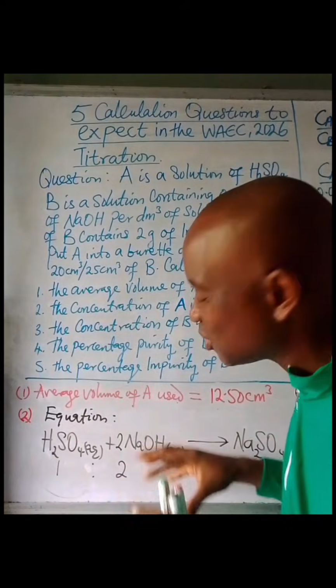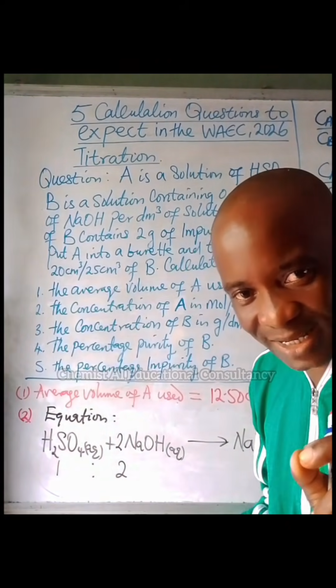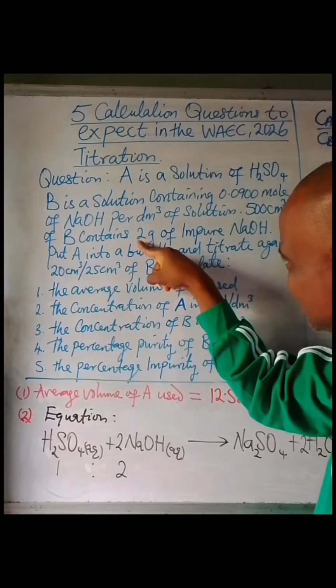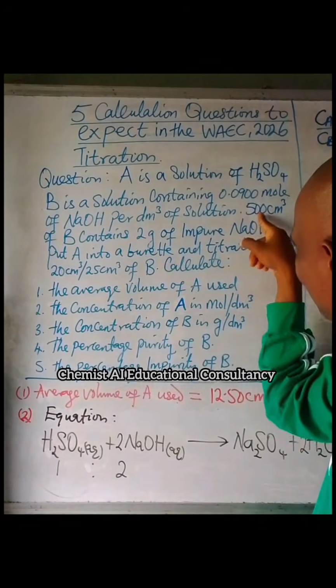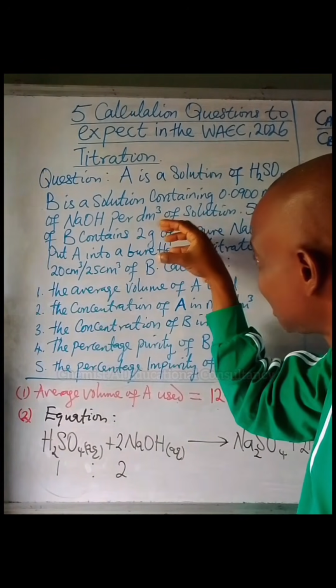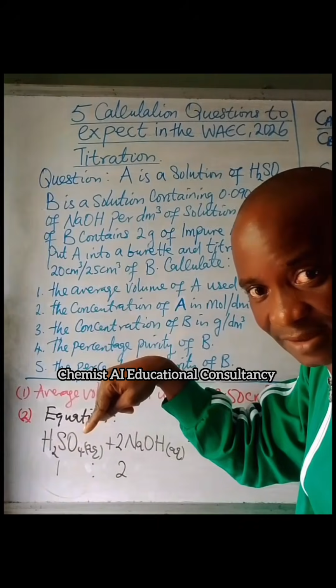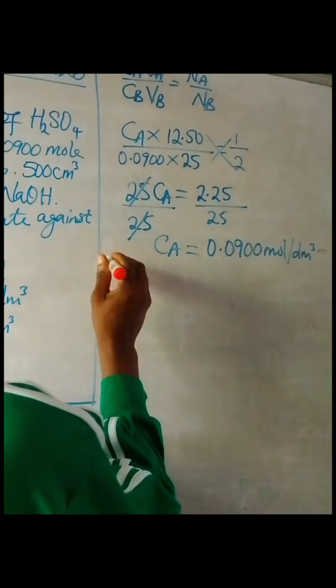So the concentration you are going to calculate now in gram per dm cube is that of the pure one, not impure one. So you have nothing to do with these grams inside 500 cm cube, because it is the amount in gram of the impure sodium hydroxide. This is what you do instead. This is number 3, right?